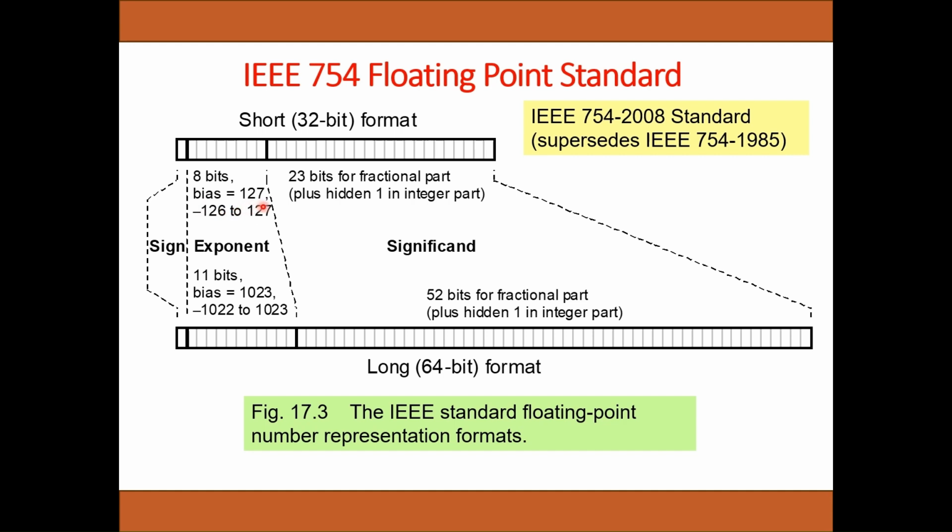So with bias 127, the exponent will range from minus 126 to 127. So the exponent can be positive and negative both. And the mantissa is always positive, whose sign bit is here. The front bit is the sign bit. This is the organization of the floating point numbers.